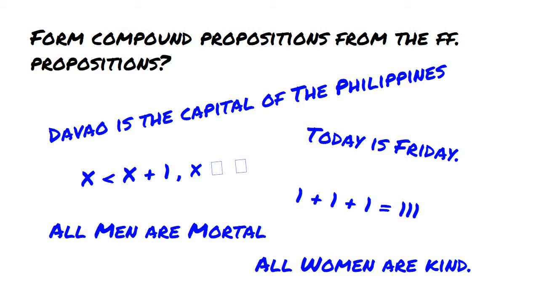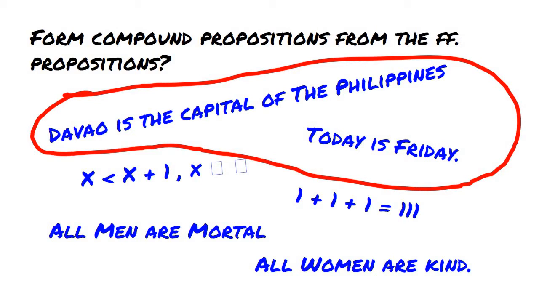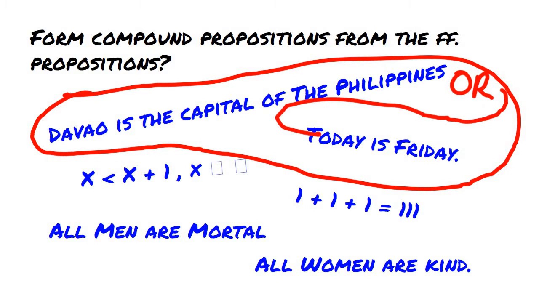As an exercise, let's form compound propositions from the propositions we had last time. In the first one, we have this pair: Davao is the capital of the Philippines, or, today is Friday.